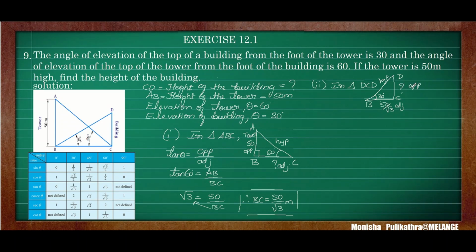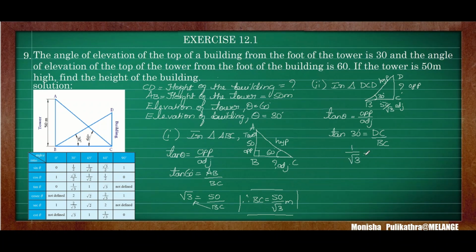Since we need the opposite side and the adjacent side is given, again we take tan theta, which is opposite by adjacent. Here theta is 30 degrees, so tan 30 degrees is equal to DC by BC. The value of tan 30 in the chart is 1 by root 3.